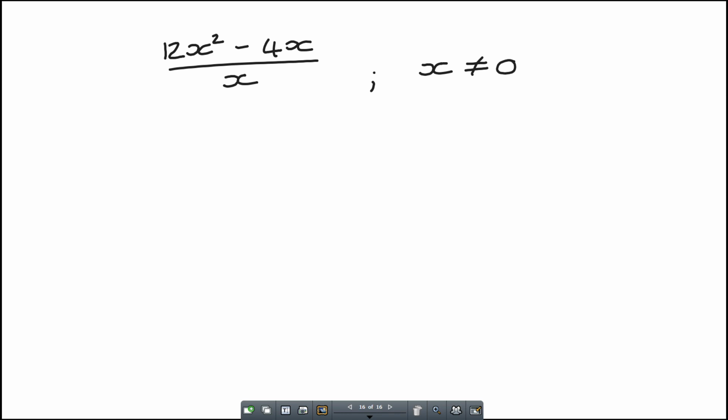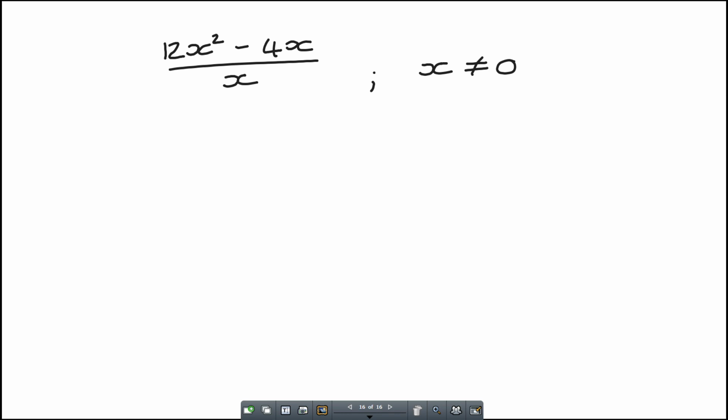I'm going to write it, and because x is my denominator, I have to say x is not equal to 0. Otherwise, if I didn't say that and x is 0, it means this whole equation can't exist.